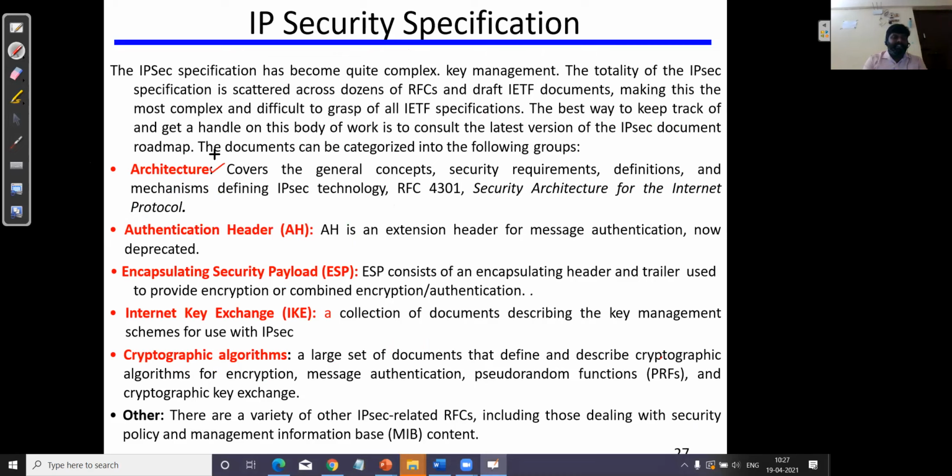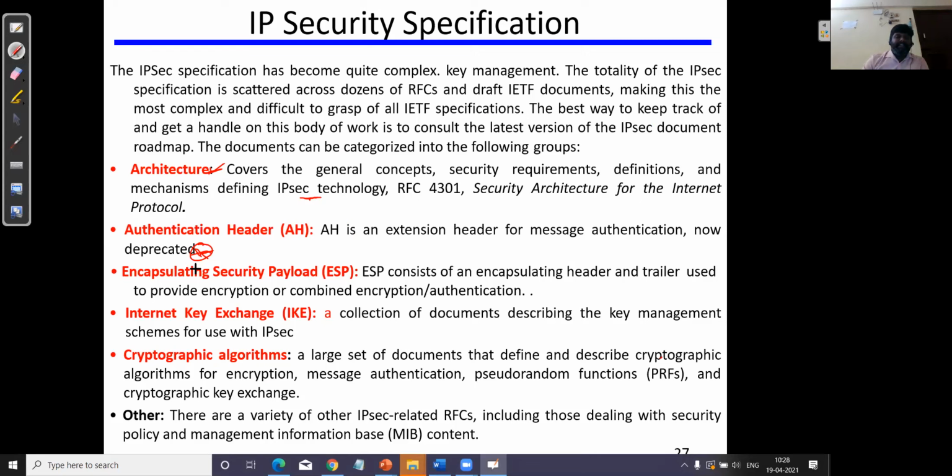The first is architecture, which covers general concepts, security requirements, definitions, and the mechanisms defining the IP security technology. All those points are documented under the architecture part. And when we talk about the authentication header, it is an extension header for message authentication, right?